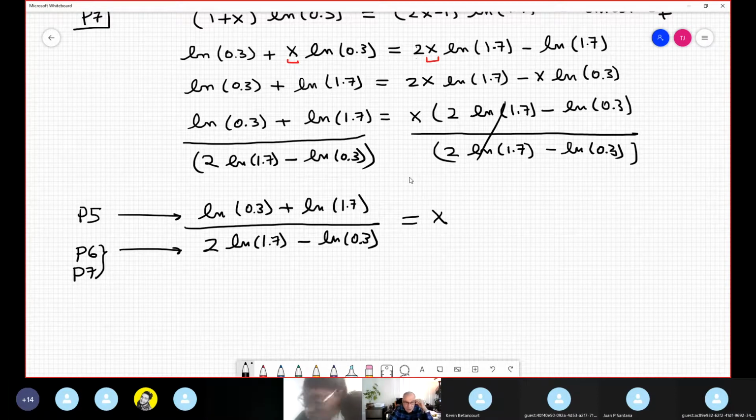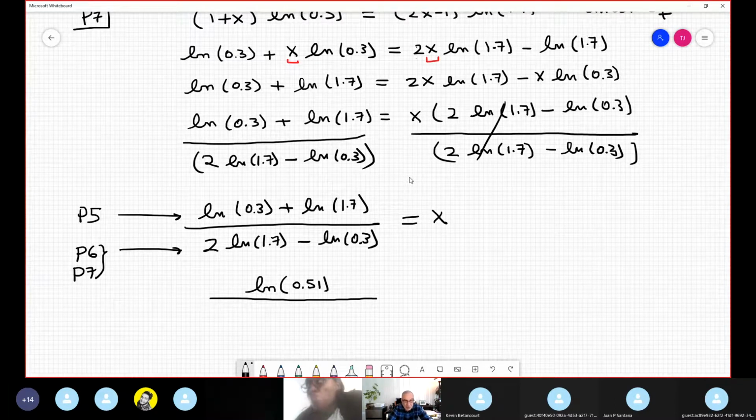When you have two logarithms being added, my highly recommended approach is condensing the logarithm before putting in the calculator. You put only one logarithm, not two. And inside you put the multiplication of 0.3 and 1.7. You put in my calculator 0.3 times 1.7, boom. The answer is 0.51. So this is equivalent to these two logarithms, which is a little bit complicated, at least for me, to put in the calculator.